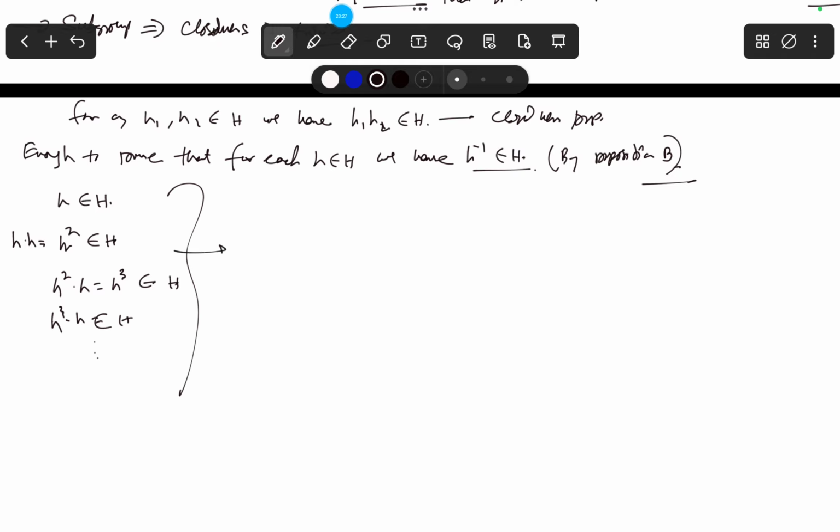So if we go on like this, we can say that h power n for all n belonging to the natural numbers is a subset of H, right? Now note that H is finite, but we can choose infinitely many natural numbers, so this index set is infinite.